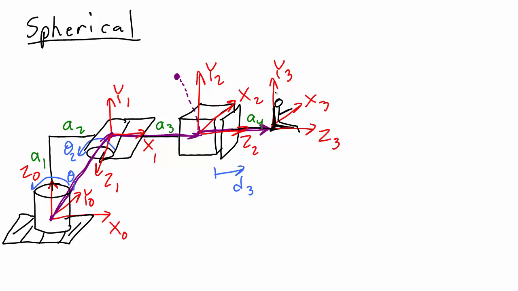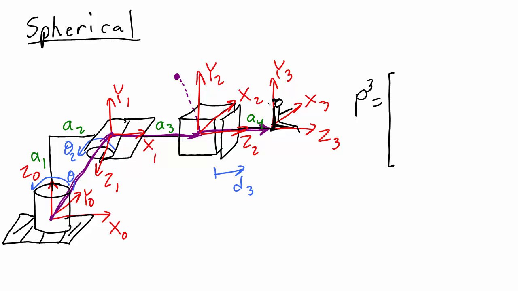We know the location of this person's head in the end effector frame. I'll call that capital P, and I'll put a 3 there indicating that this is a point in the 3 frame.